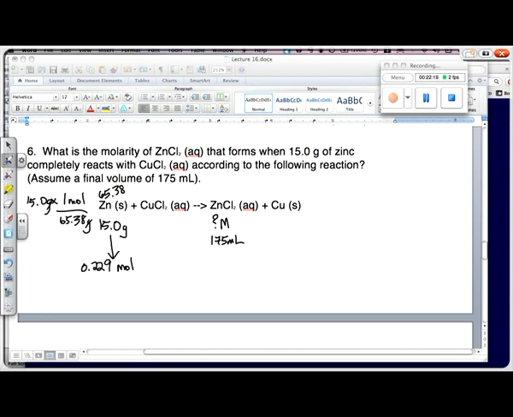Moving to the question, it looks like it's a 1-to-1. Is my equation balanced? Yes. So 0.229 moles.